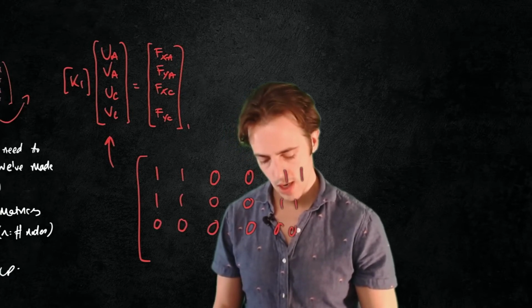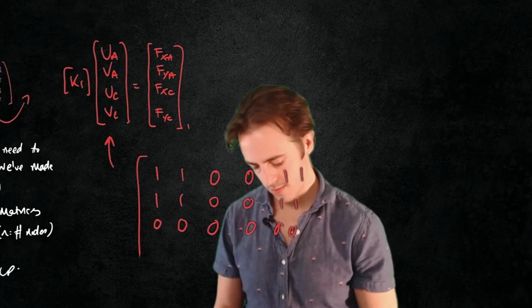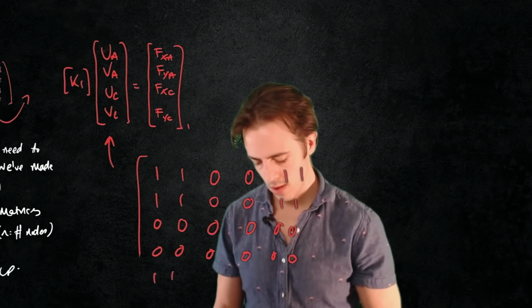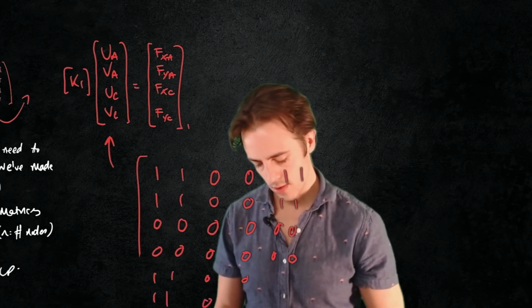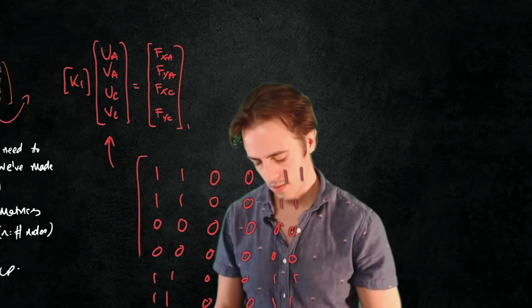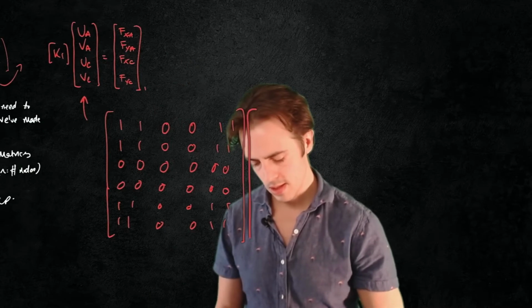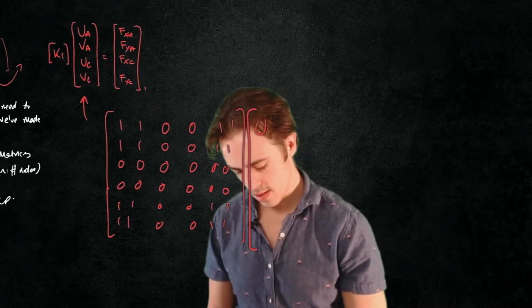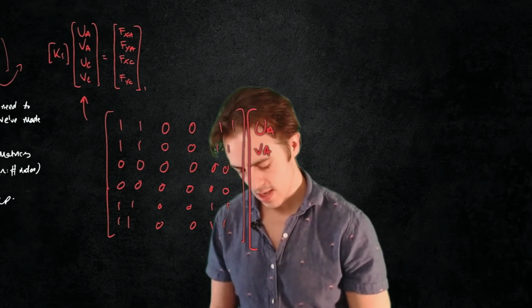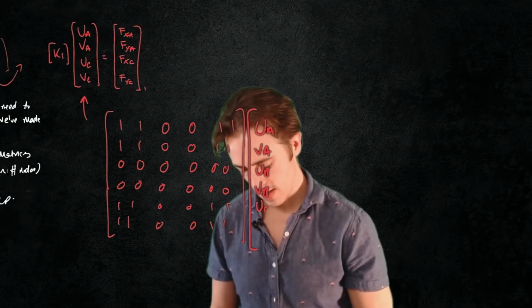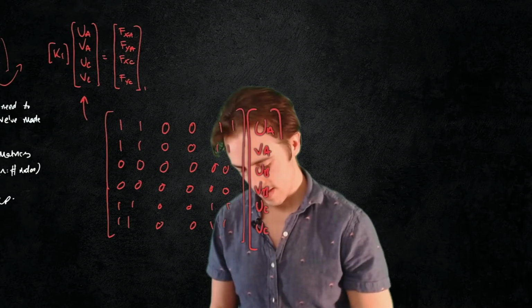I've not drawn my bracket large enough. 0, 0, 0, 0, 0, 0, 1, 1, 1, 1, 0, 0, 0, 0, 1, 1, 1, 1. And then this will be multiplied by UA, VA, UB, VB, UC, VC.